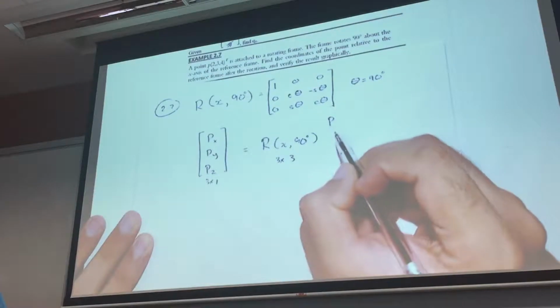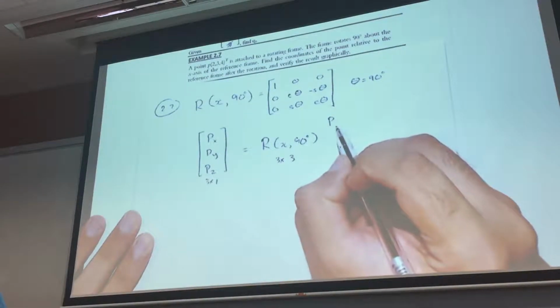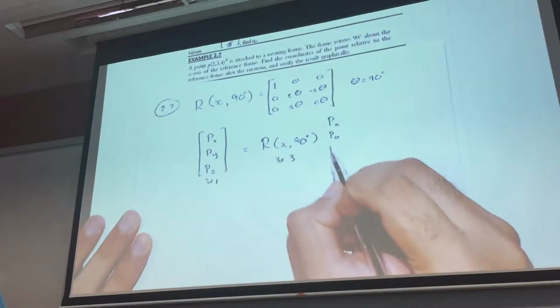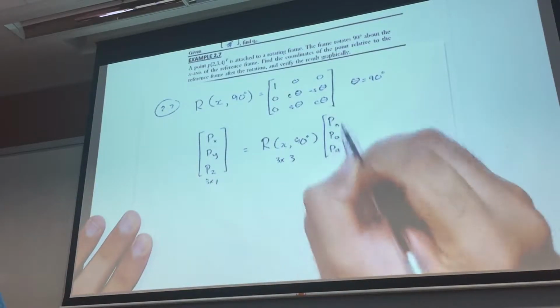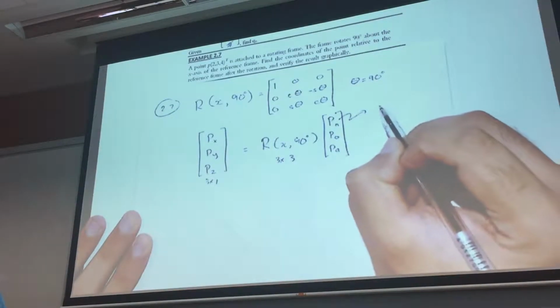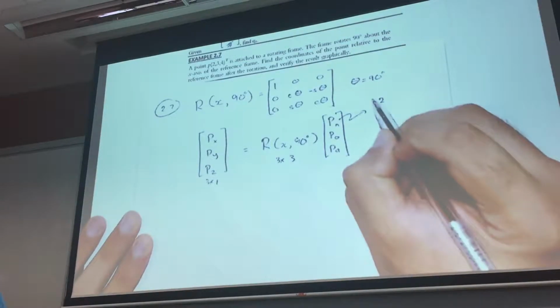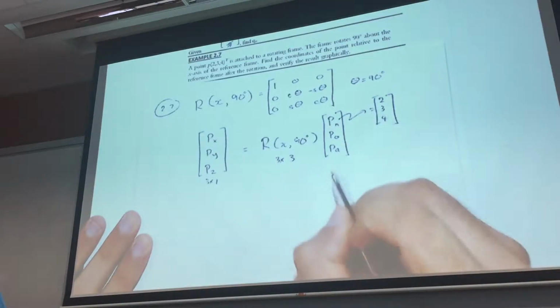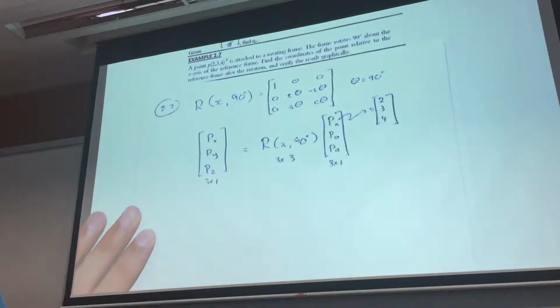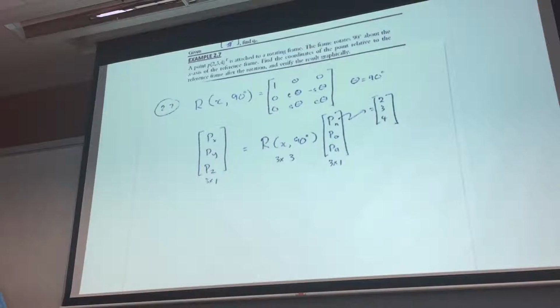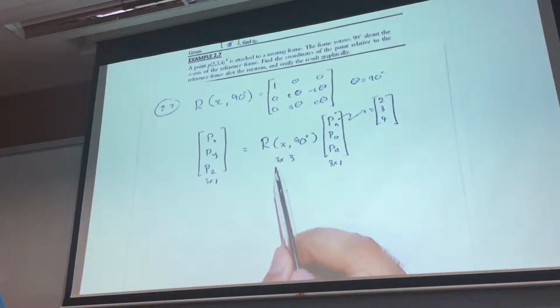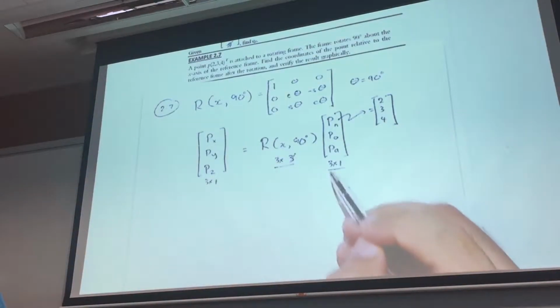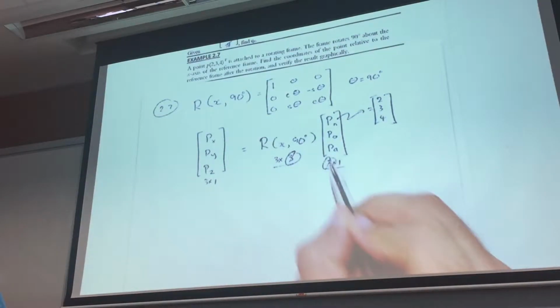This will be your P. I will use this notation, P_N, P_O, P_A, which just basically refers to your 2, 3, 4. This is 3 by 1. Sometimes you may confuse, for this kind of column vector, should I post multiply, pre multiply? There's only one thing you should do, post multiply. Look at this. These two should match.